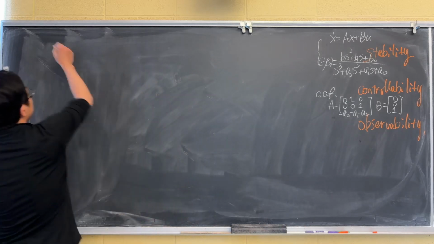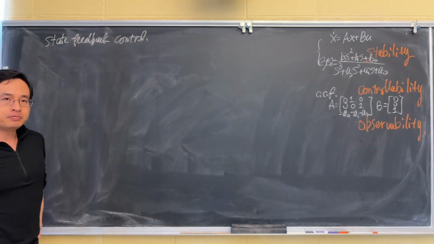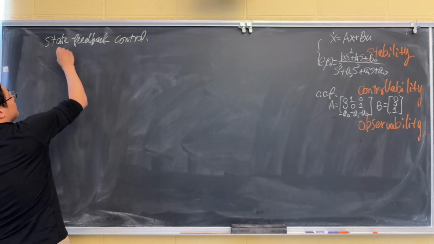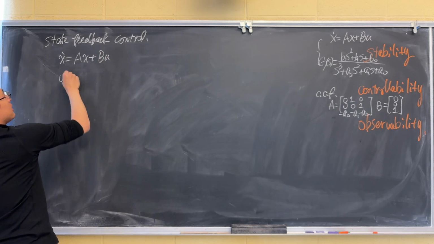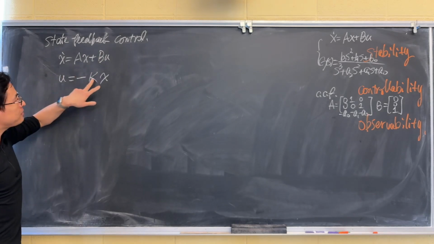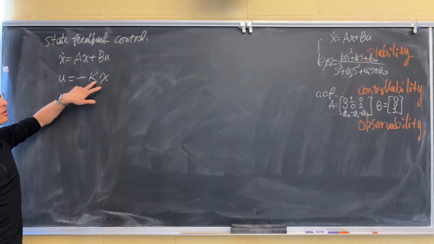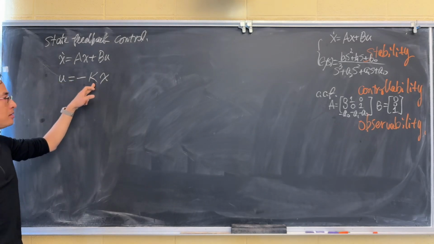The state feedback control is saying this. The principal logic is that I have this system matrix, and then I use the state as a feedback to my control signal. So u is negative Kx, very simple. K is a matrix.